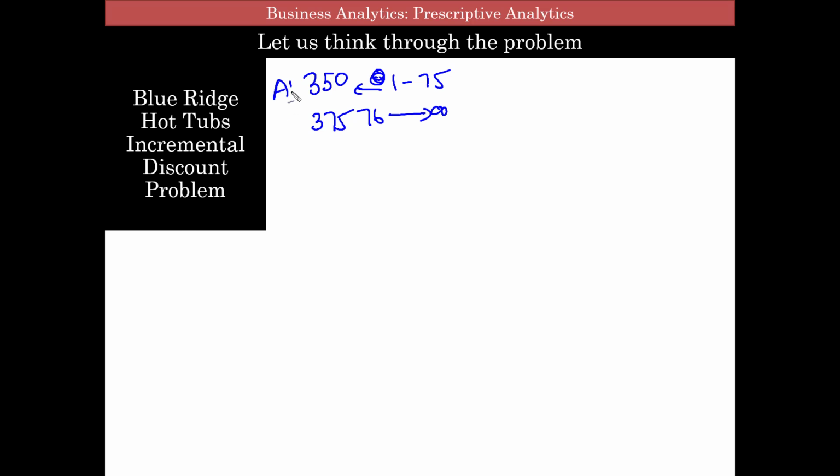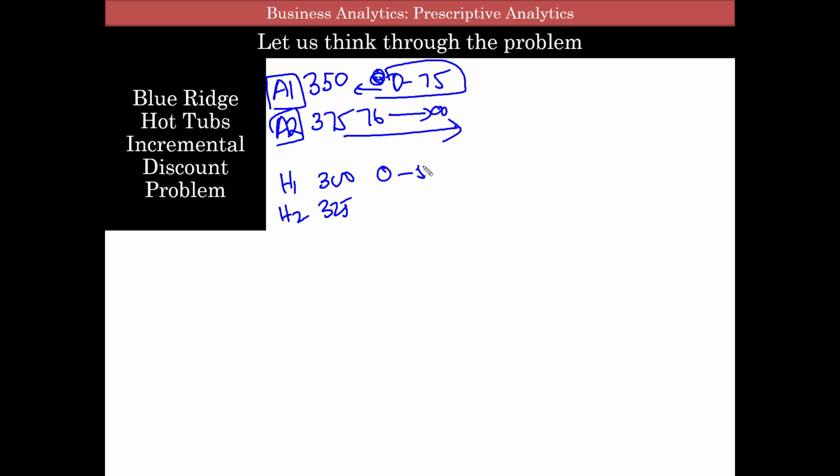So we can call it A1 and A2. The numbers produced from 0 to 75 will fall under A1, and A2 will be 76 and above, greater than 75. Similarly, you're going to have H1 and H2. This is going to be $300 and $325. This is going to be 0 to 50, and then 51 and above.